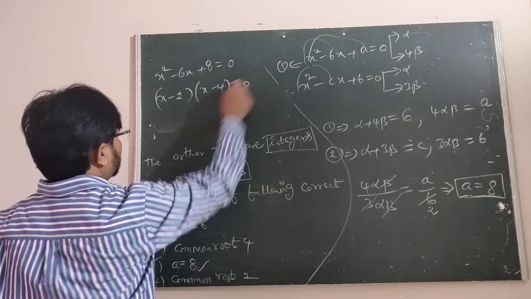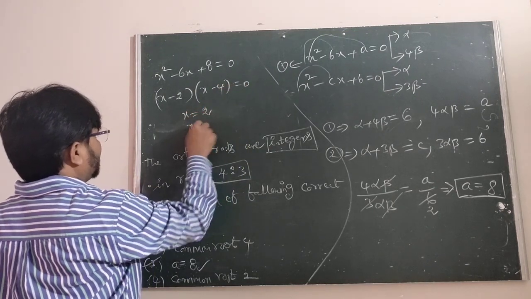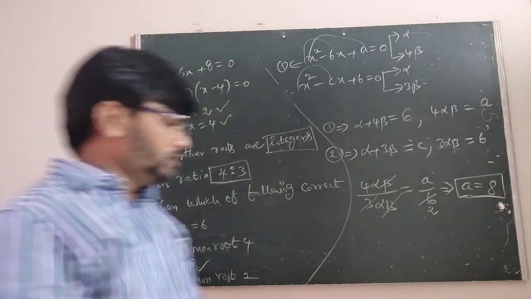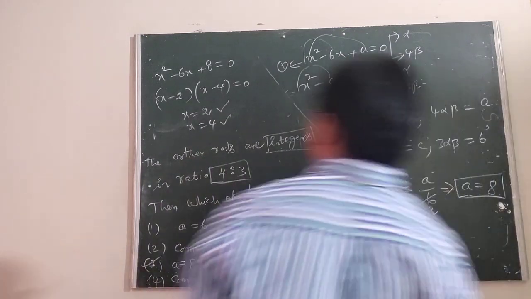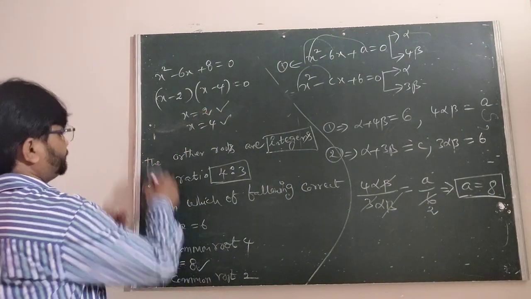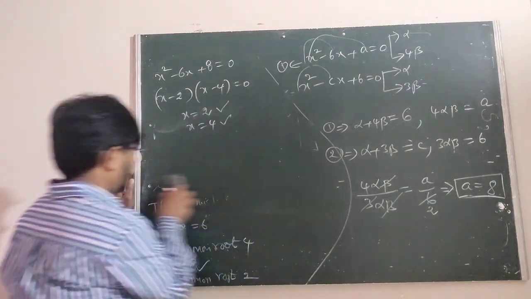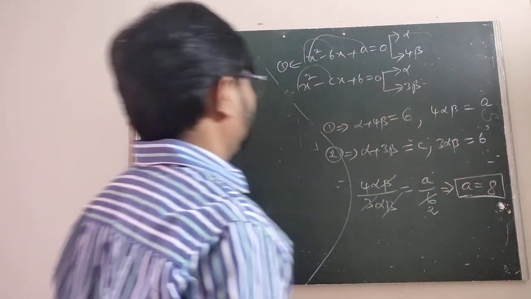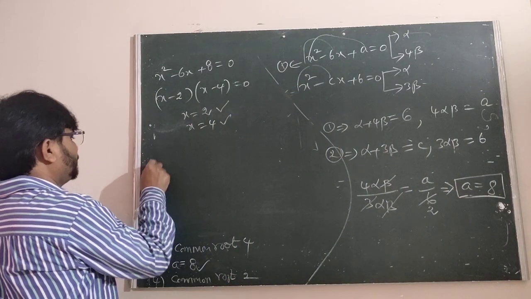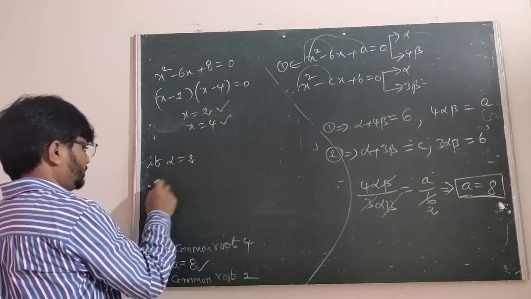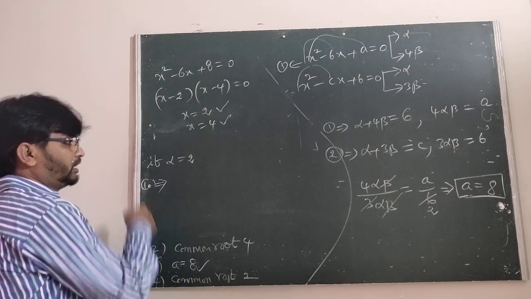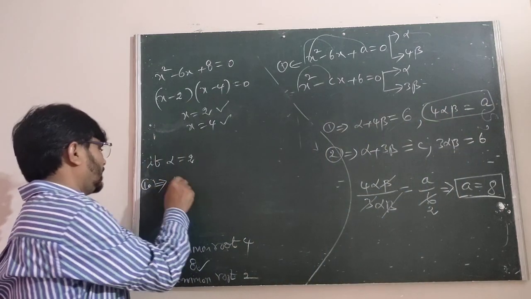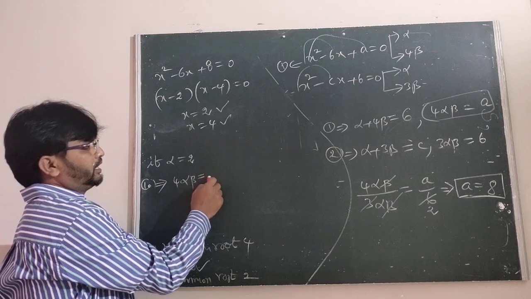Now we are getting x equal to 2 and x equal to 4. Now if we take the common root, one of the roots, we take it as alpha. Suppose alpha equal to 2, that implies from equation 1, 4 alpha beta is a.